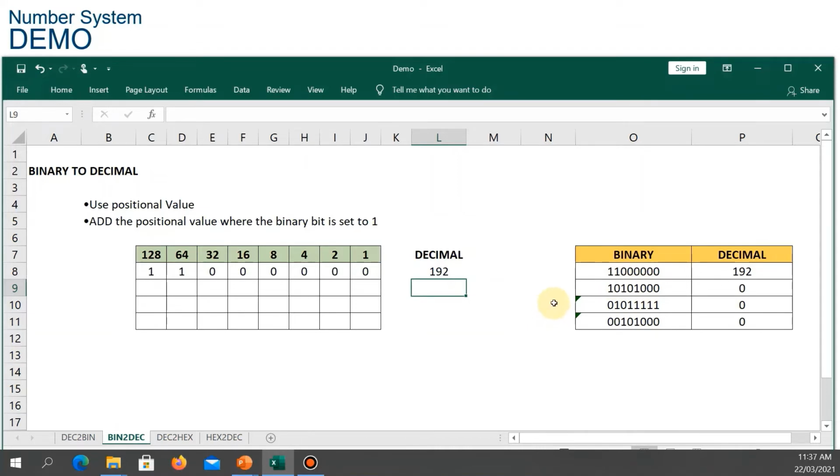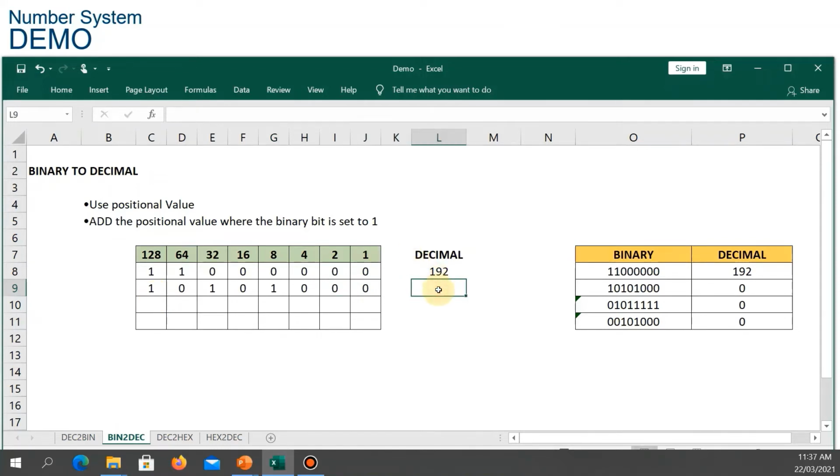All right, let's try the next one. The next value is 10101000. Let's plot it on our positional values: 1 0 1 0 1 0 0 0.